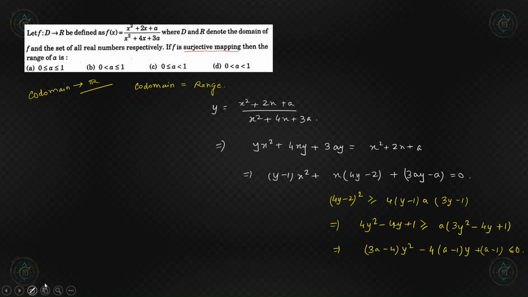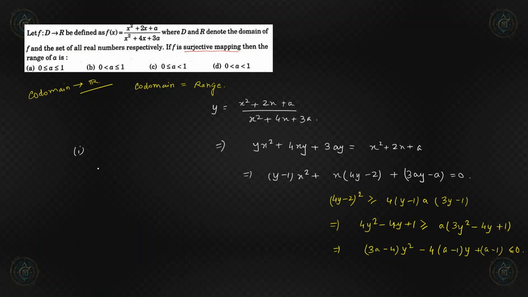Now tell me, if we have this quadratic expression in y and it is always less than or equal to 0, that means the graph should look like something like this, right? Like this, or it may be like this, right? So in this case, we have two conditions.